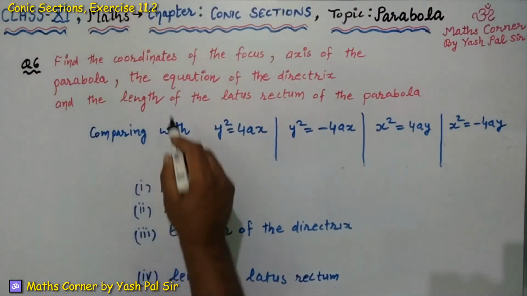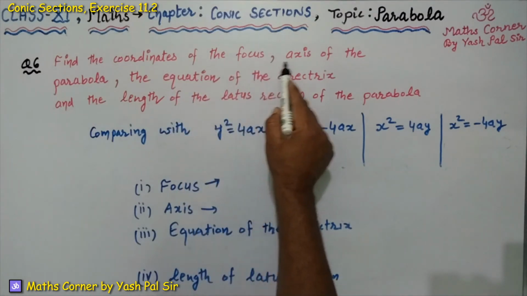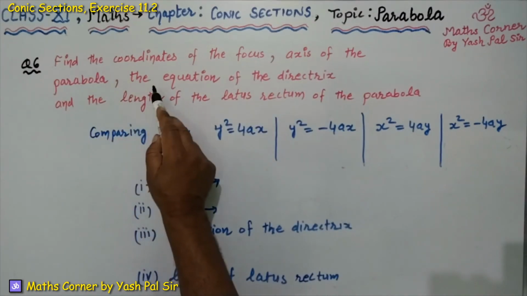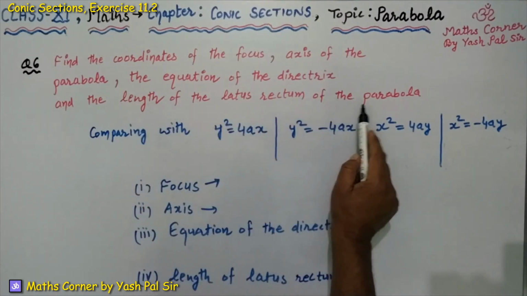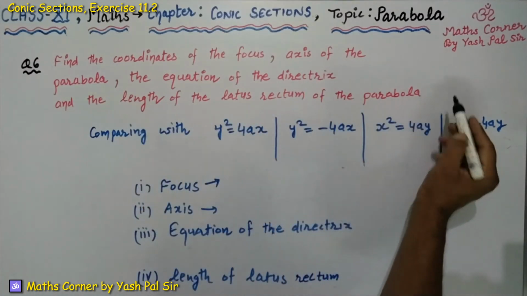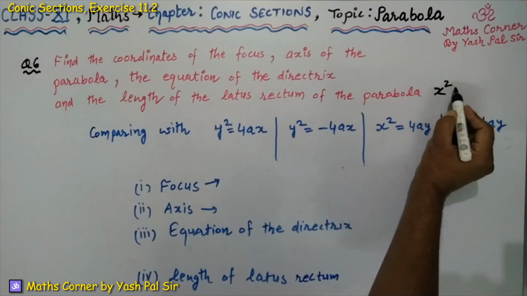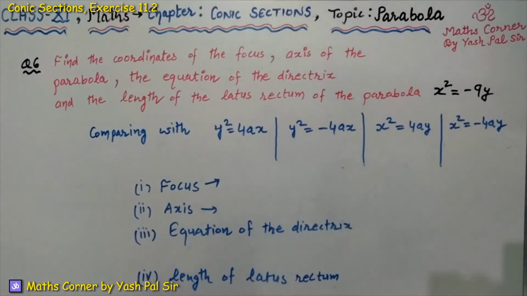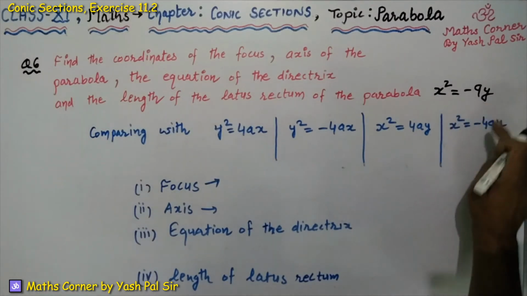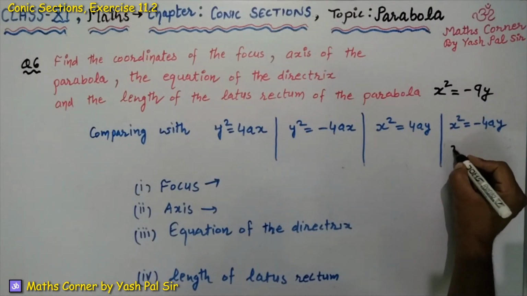Next, now we have question number 6. Find the coordinates of the focus, axis of the parabola, the equation of the directrix and the length of the latus rectum of the parabola x square is equal to minus 9y.